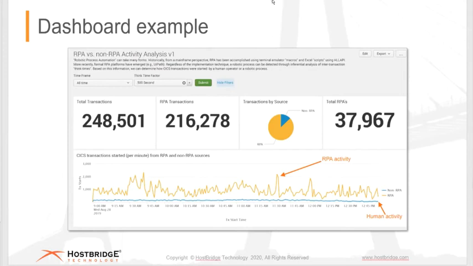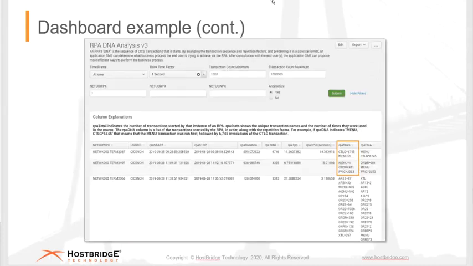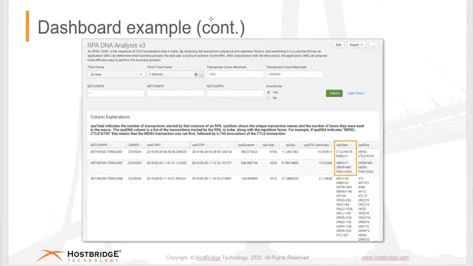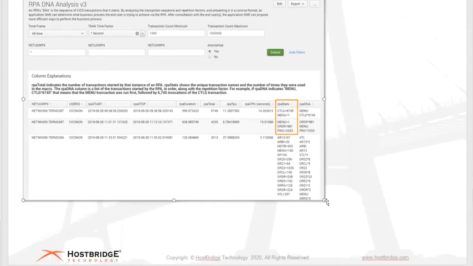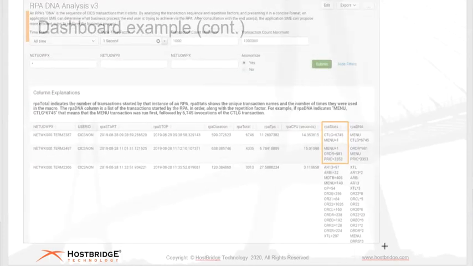But once we have this data and we're able to stitch together what we call these robotic process automation chains of activity, then we can actually start looking at it in more detail. So for example, what I'm going to do on this slide is expand it because I want you to see the highlighted area.